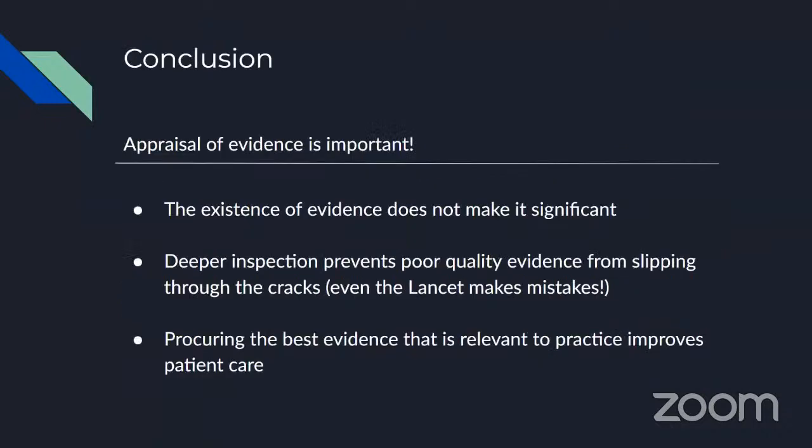Thank you very much. Just before you take that slide off, I think if you were to turn that statement upside down, much like your MMR on autism ought to have been, the existence of significance does not make it evidence is also important. I think it's the point you're making in some ways about clinical significance.